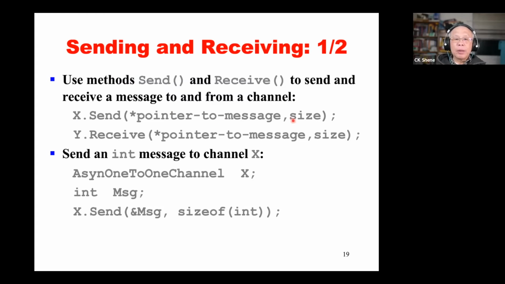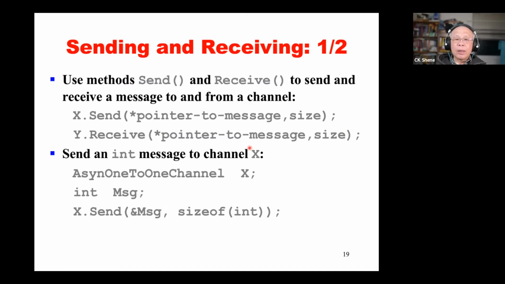The opposite, receive, is the same, Y.receive. Here, you're going to receive a message from channel Y, and the received message will be stored at the area pointed to by this pointer. And the size of the message is here.